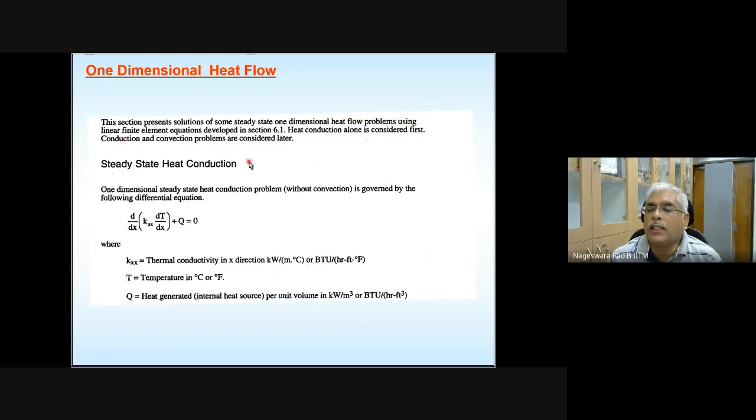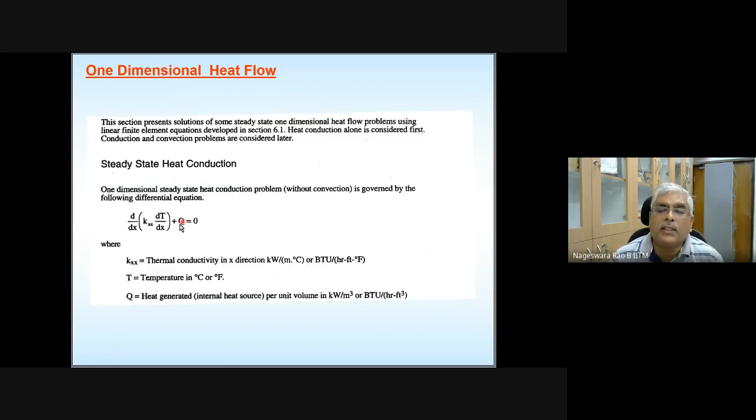So steady-state heat conduction. If somebody has taken a course on thermodynamics or heat flow-related topics, they may know how the governing differential equation for the one-dimensional steady-state heat conduction problem looks.